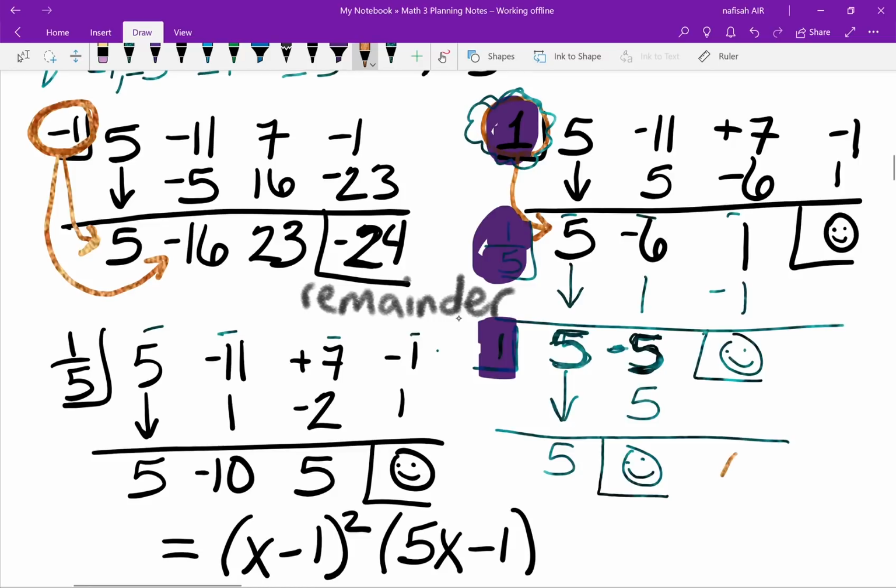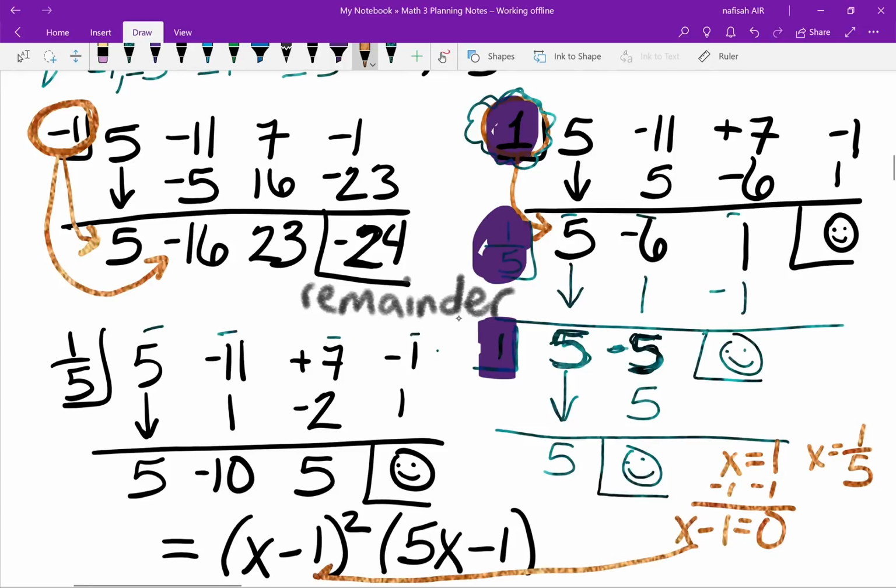If you're wondering how I got that, what I did was I took each of the roots. In this case, I had a root with x equals 1, and I had a root with x equals 1/5. Those were my 2 roots. I subtracted 1 from both sides, and I got that x minus 1 equals 0. And if you notice, that's what I have there. I did the same thing here.